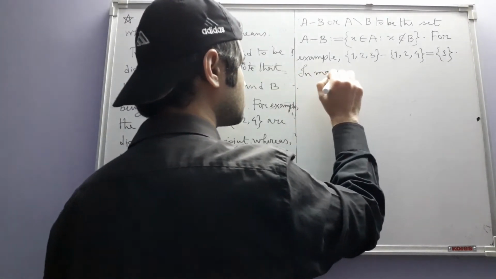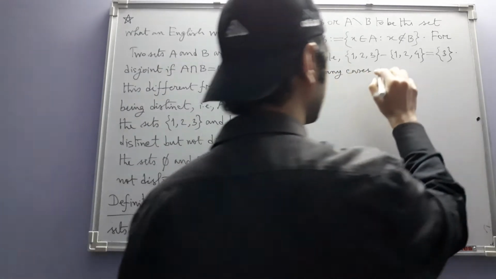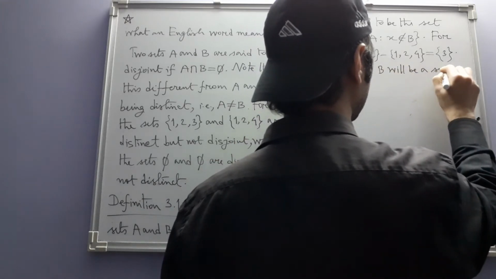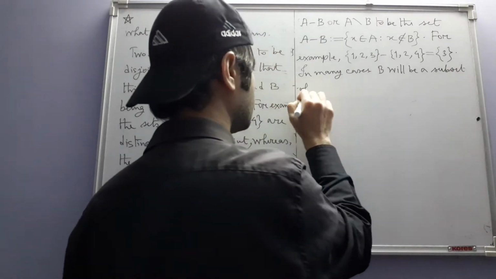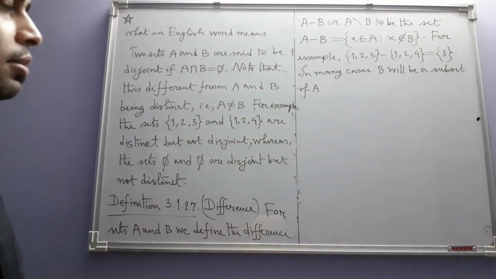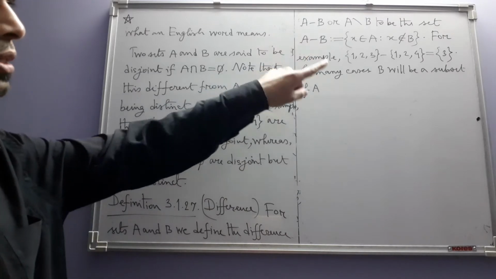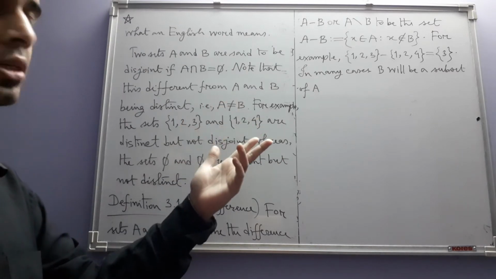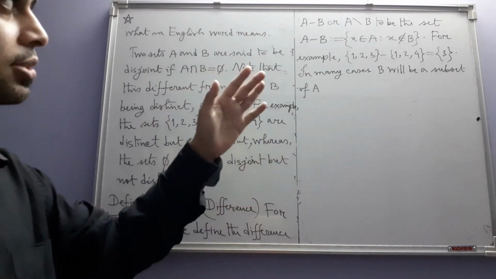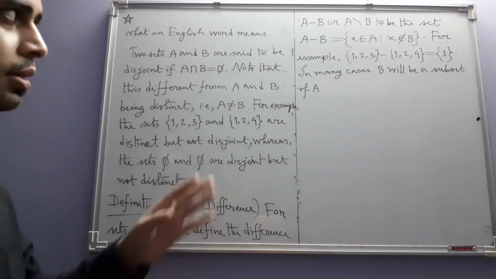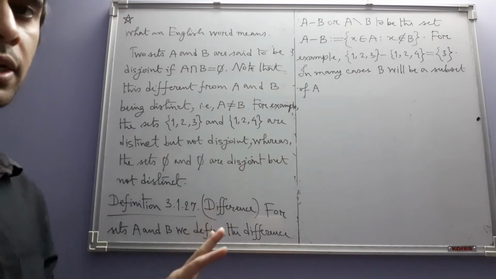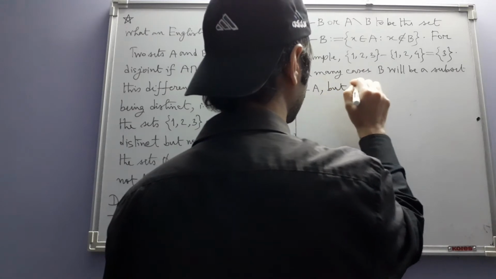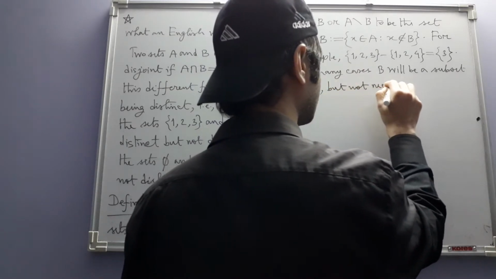In many cases, when we talk about the difference A minus B, B will be a subset of A, and we already know from our discussions on naive set theory that in that case A minus B is said to be the complement of B in A. That is not mentioned here, however we know that, but not necessarily.